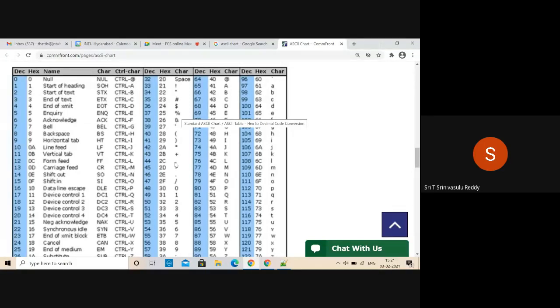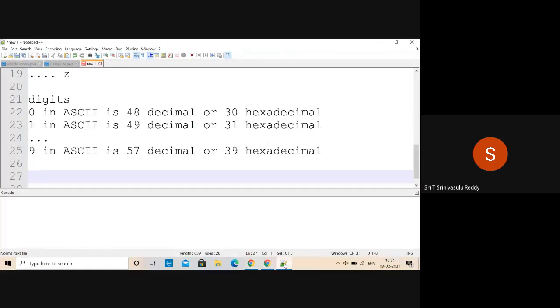How do you want to store the characters of the natural languages? Then you go for Unicode, where they actually use 2 bytes. So that is about the character representations.